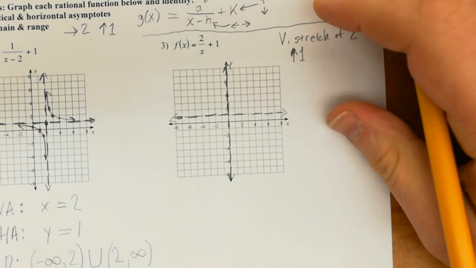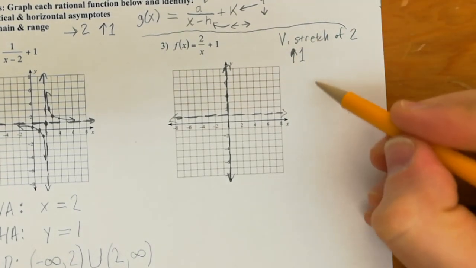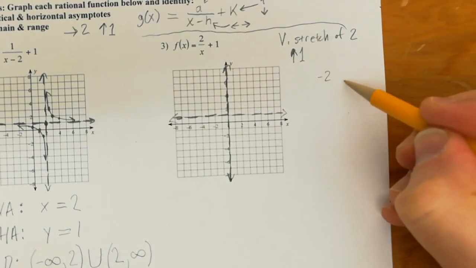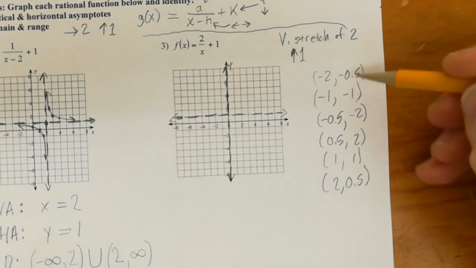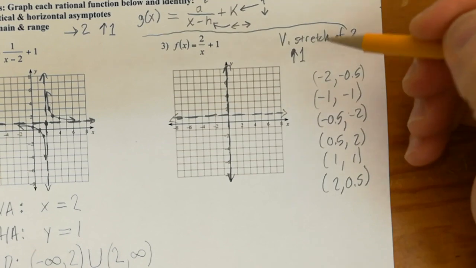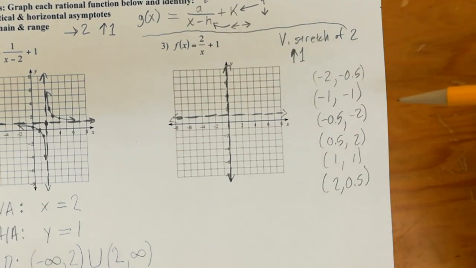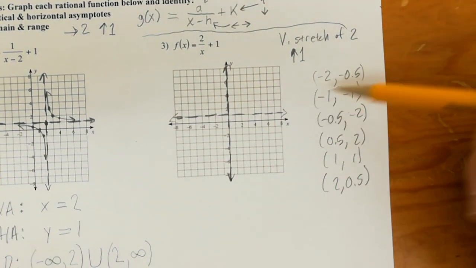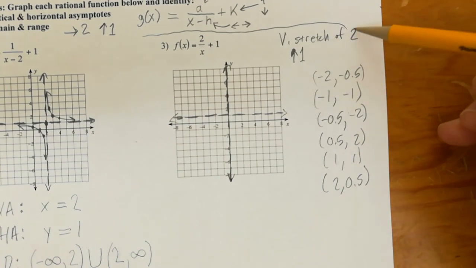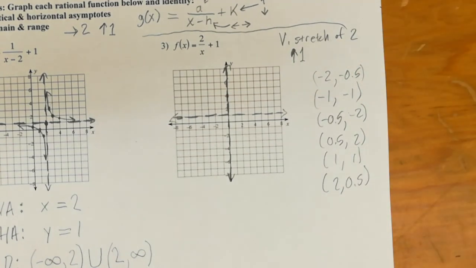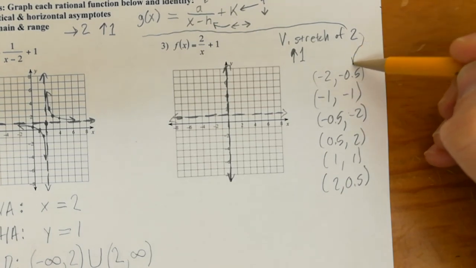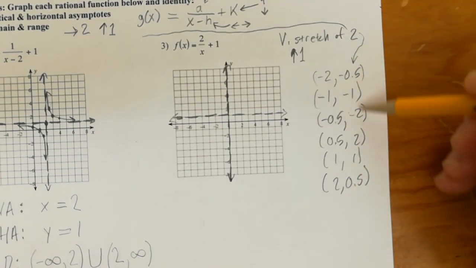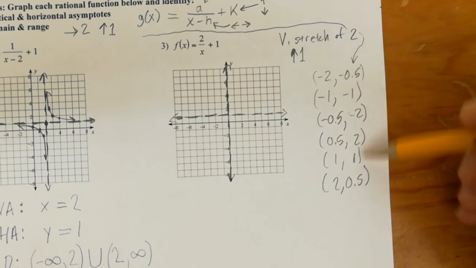Now we think about these reference points, and I might just write them down here. Okay, so we have these reference points, and so now we're going to plot them, but we also have to factor in this stretch of 2, okay? So basically what that means is all of these vertical values are going to get multiplied by 2 here.